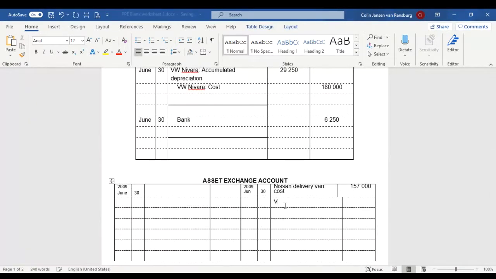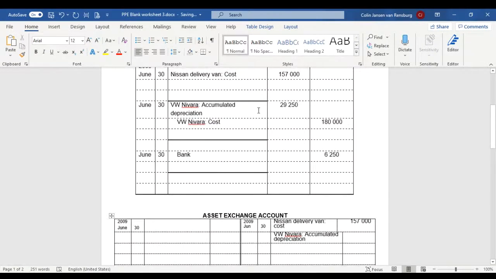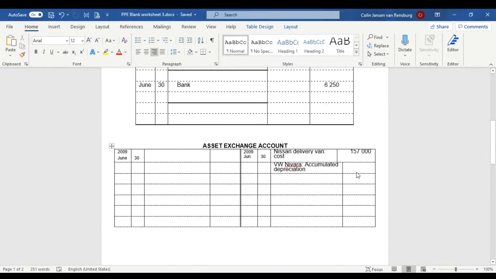So that will be Volkswagen Navara colon accumulated depreciation. Right? That's the Navara accumulated depreciation. The amount that we've taken out to get that balance down to zero was 29,250.